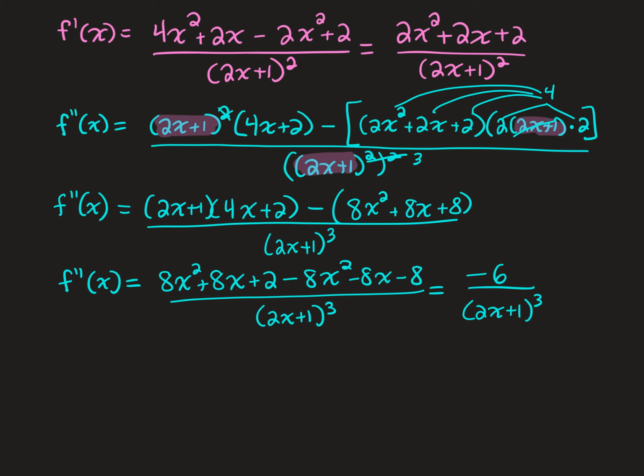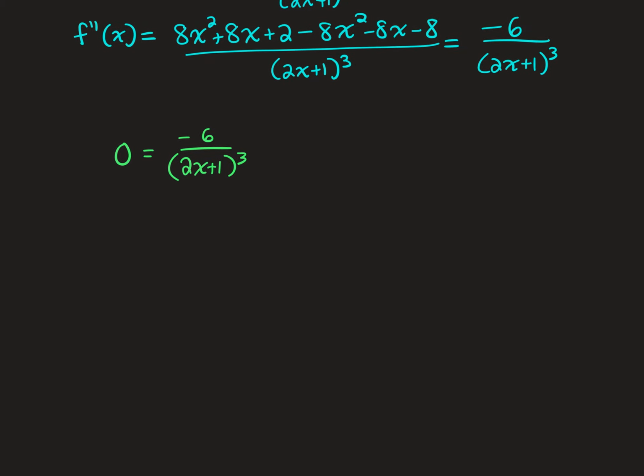So we're going to have 0 equals our second derivative. Well, there are no places that are going to make that 0, because if I multiply both sides by 2x plus 1 cubed, I end up getting 0 equals -6. So there's no places where our second derivative would be equal to 0.